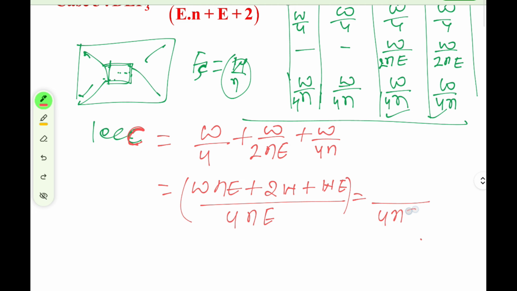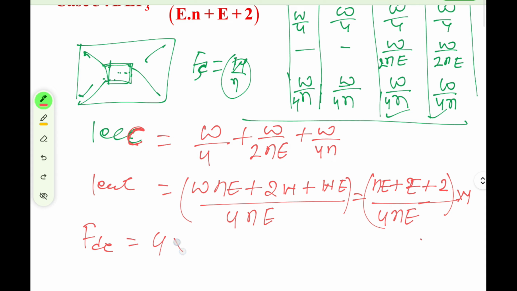W by Ne, in this case you take W common, you will get (Ne plus E plus 2) multiplied by W. Now this is for leg A. Now if we want to calculate FD, the maximum equivalent load, which is 4 times the maximum load, it is (Ne plus E plus 2) divided by 4Ne multiplied with W.